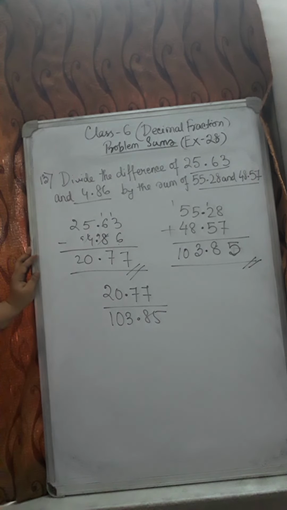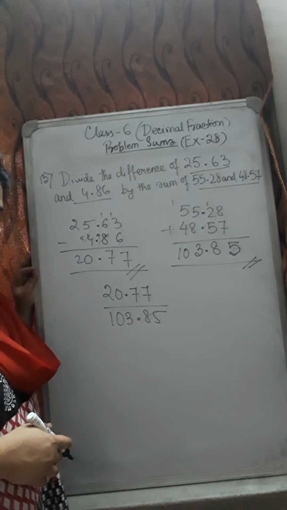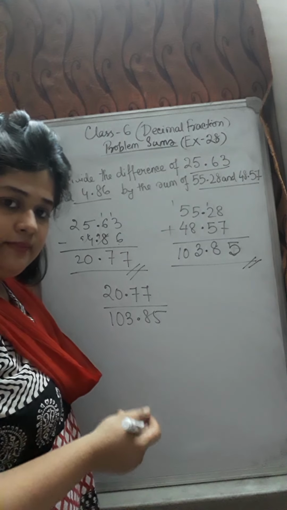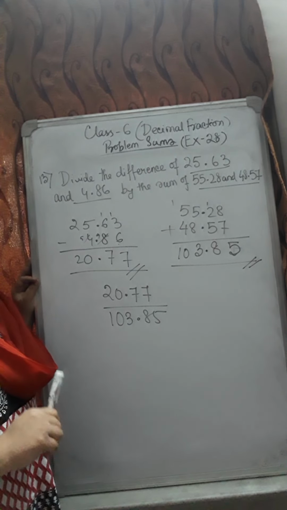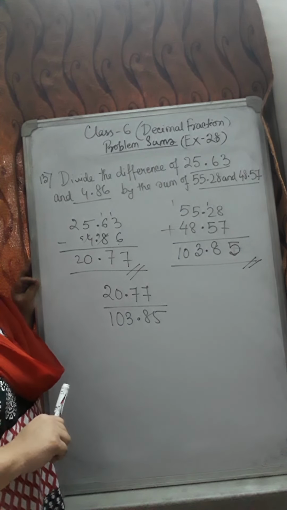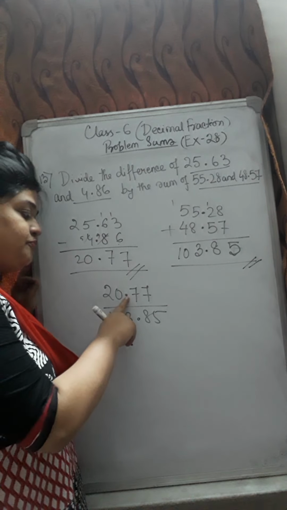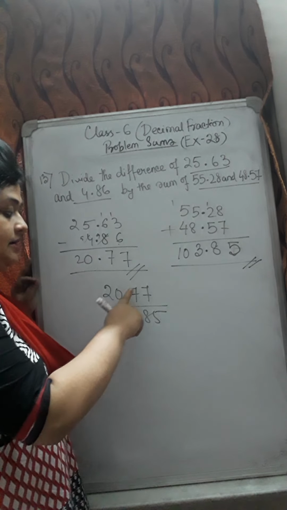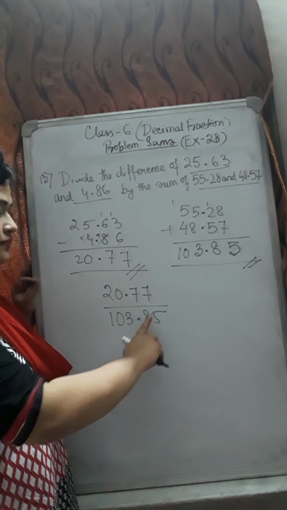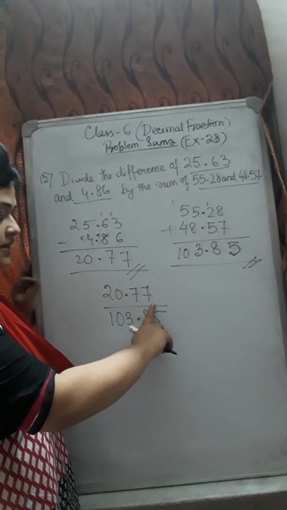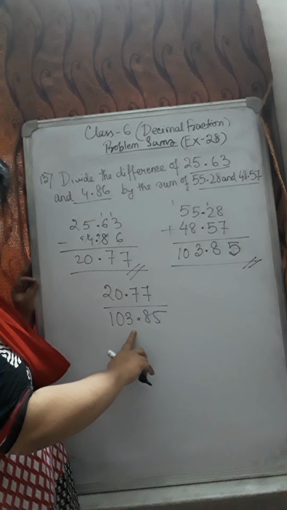Now how will you do the division? Always remember, in case of decimal division, if you have the point before equal places, see from the end: before 2 digits you have the point, and down also before 2 digits you have the point.